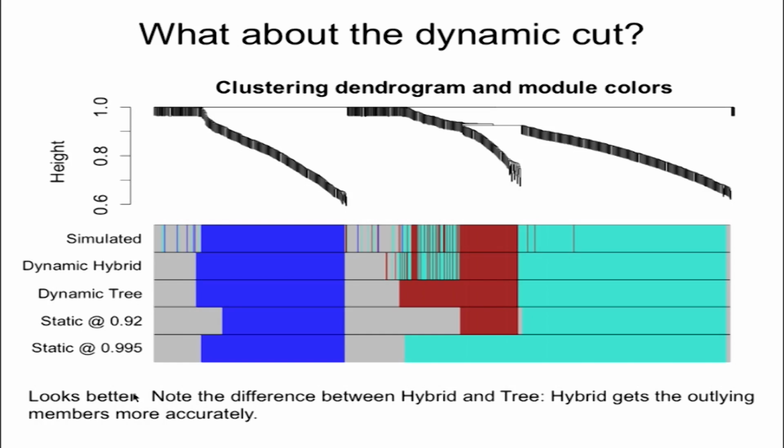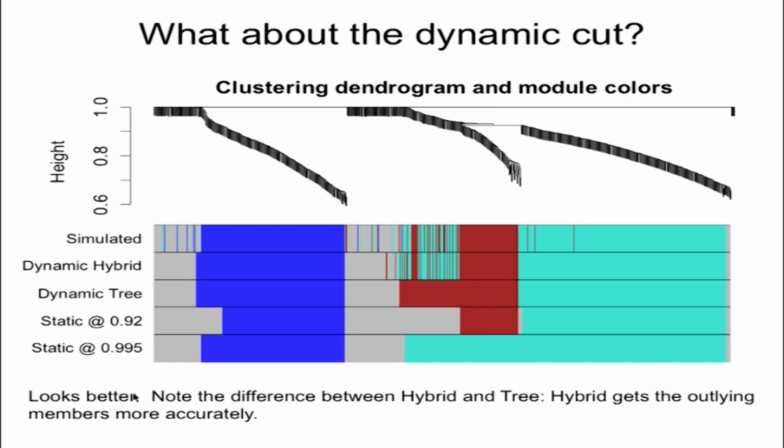And so you give it this cluster tree, and then the method adaptively chooses the optimum height cutoff for each branch using a certain criterion. So it works quite well. But the problem here is, notice that it assigns the color brown to all of these turquoise genes. It overdoes it. In contrast, the dynamic hybrid method really captures the underlying true signal.